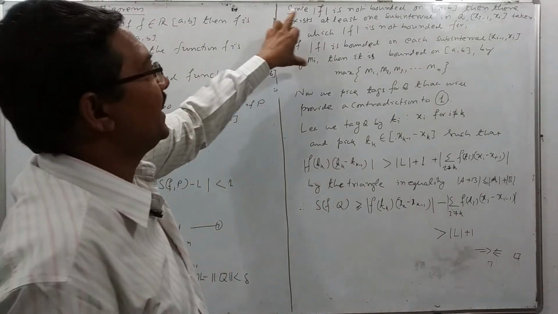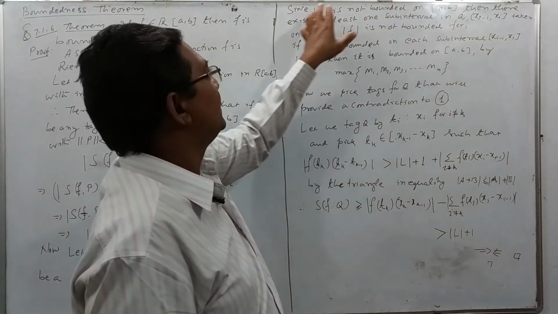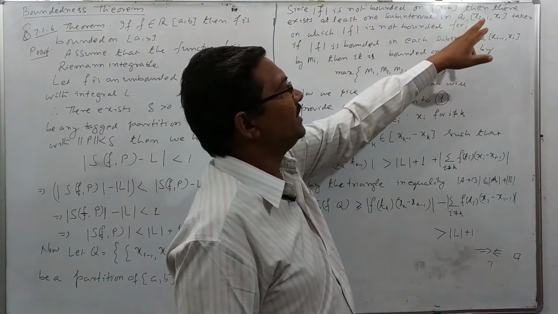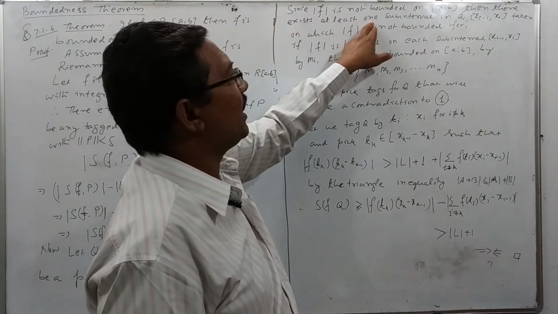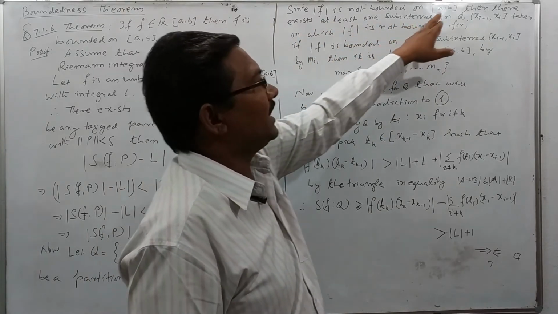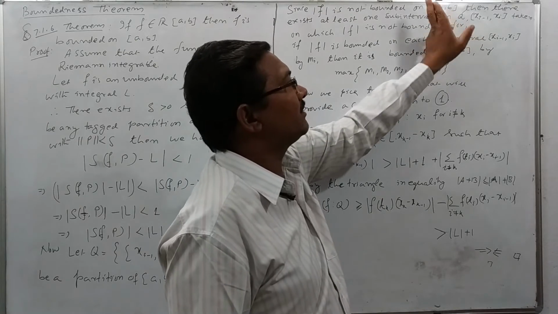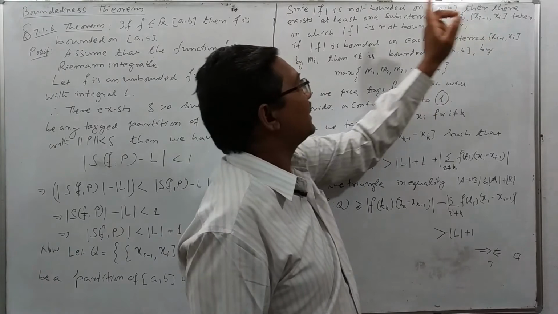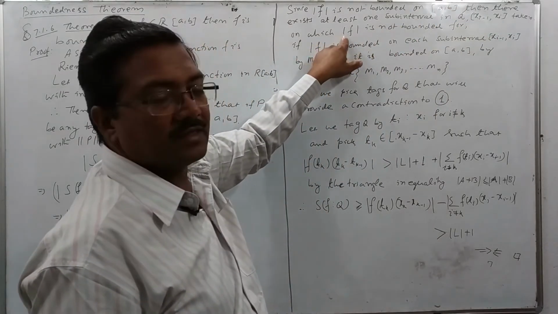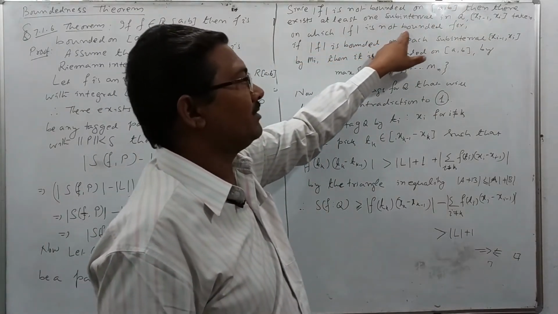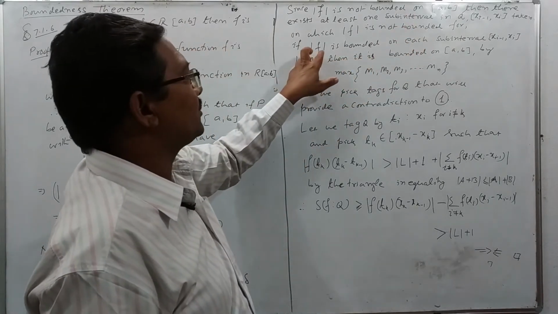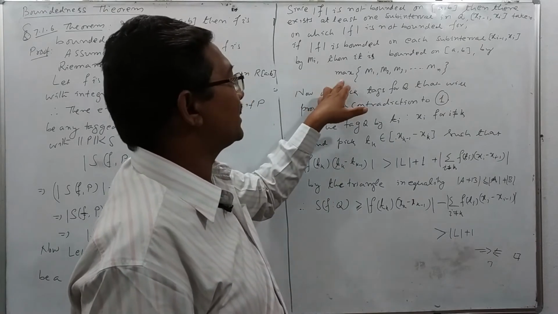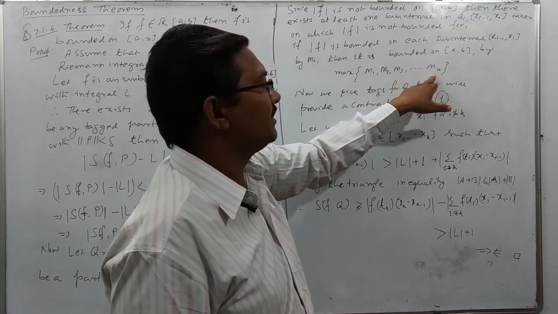Since absolute of f is not bounded on the closed interval [a, b], there exists at least one subinterval in Q, that is [x_{i-1}, x_i], on which absolute of f is not bounded. For if absolute of f were bounded, then on each subinterval we would get a bound m_i, so we could take the maximum of m_1, m_2, m_3, ..., m_n.